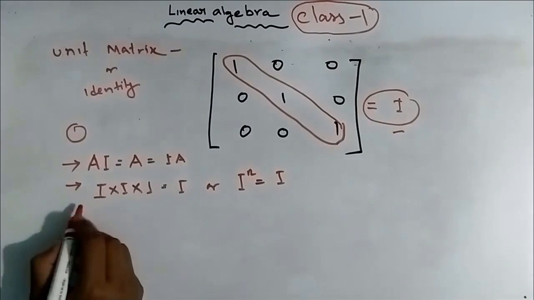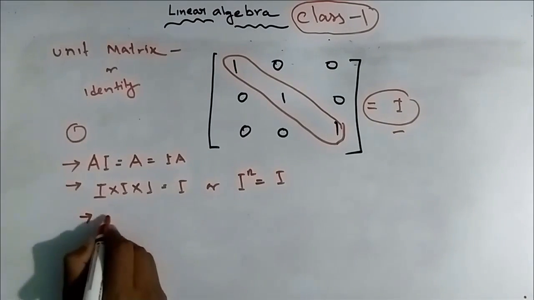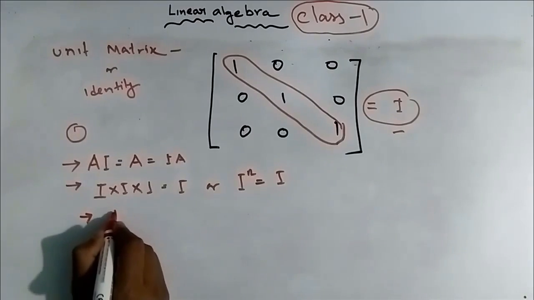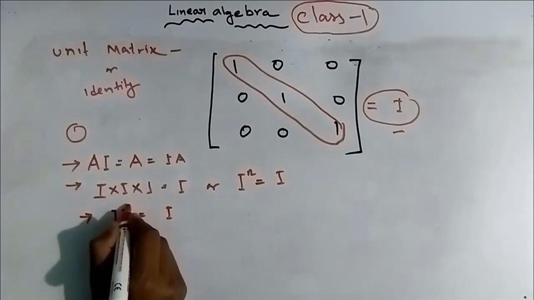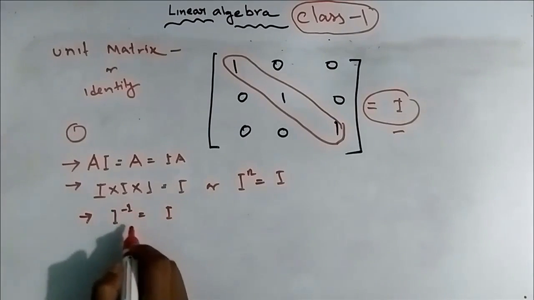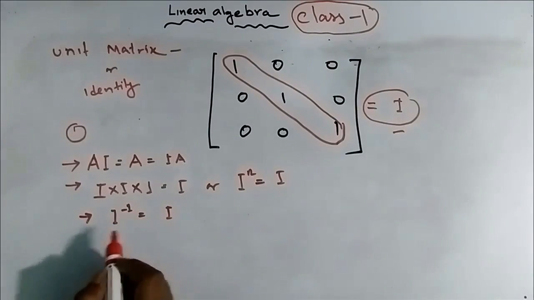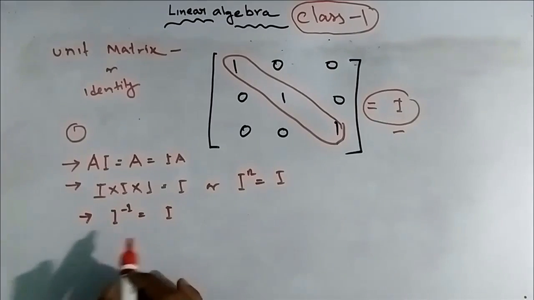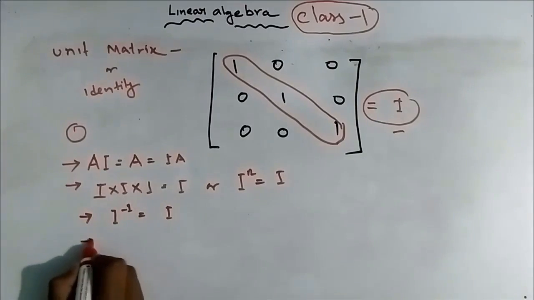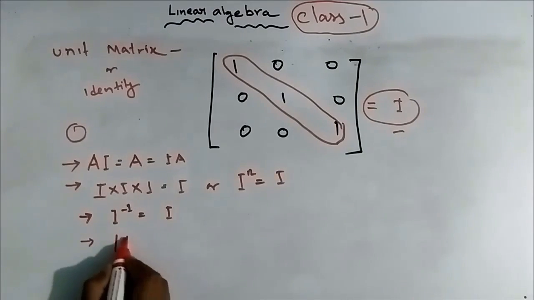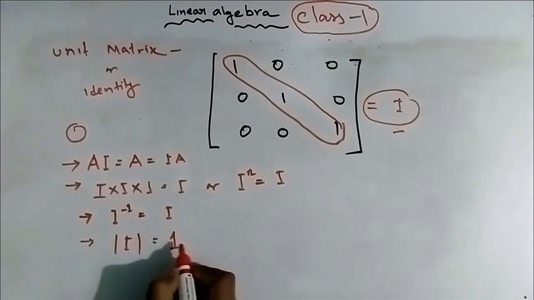The third property is, the inverse of the identity matrix is the identity matrix. Okay, I have already told you that in the matrix portion, the inverse of a matrix and how to calculate it is very important. For the identity matrix, the inverse is the identity matrix itself, and the determinant of the identity matrix is 1. Okay, is 1.